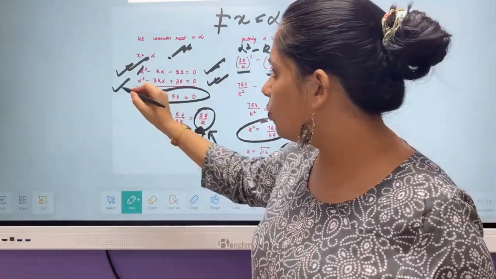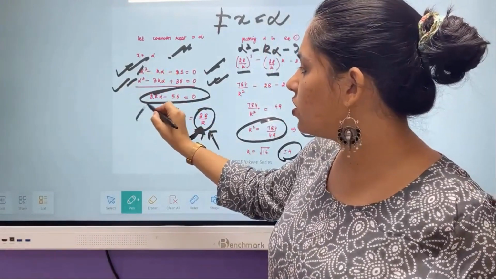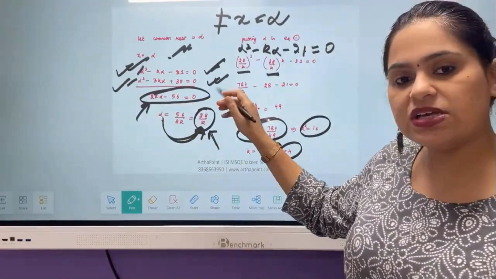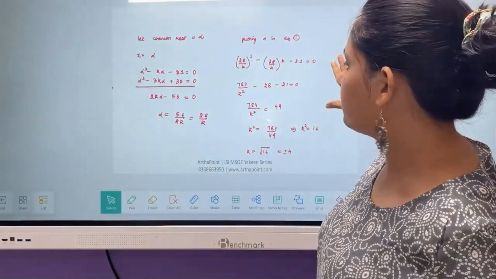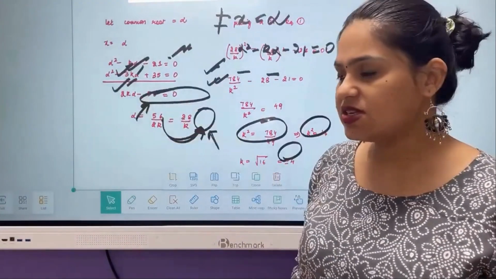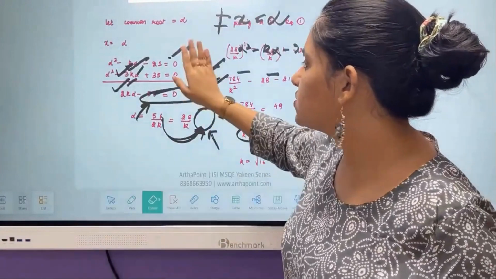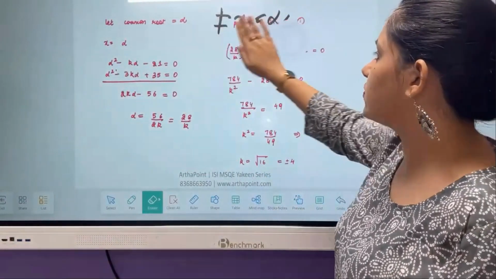When we subtracted those equations, we got this equation: 2k alpha minus 56 is equal to 0. This is the equation that we have got. 2k alpha is equal to 56. So now beta, once we got 2k alpha is equal to 56, we solved alpha in terms of k.